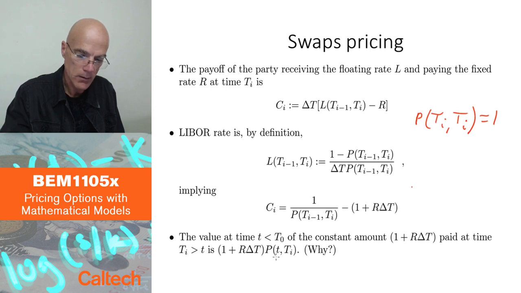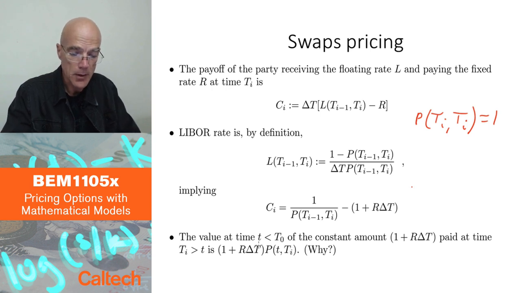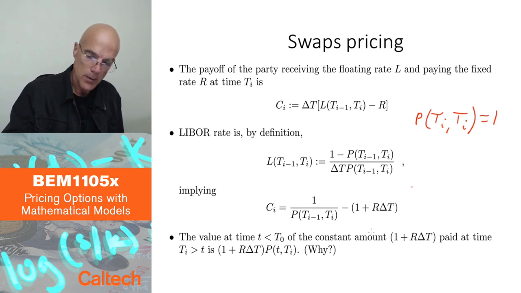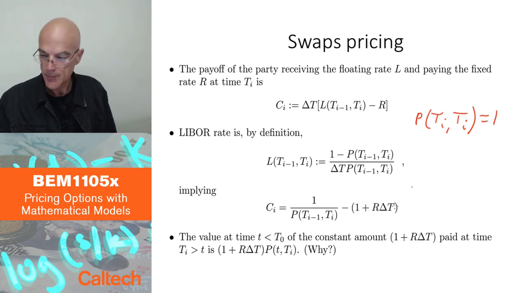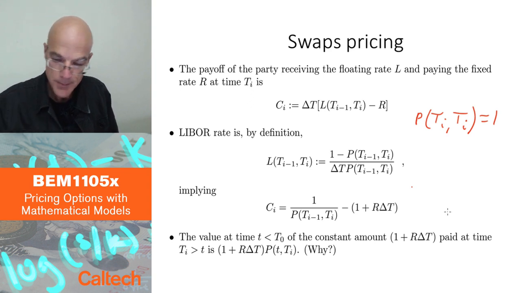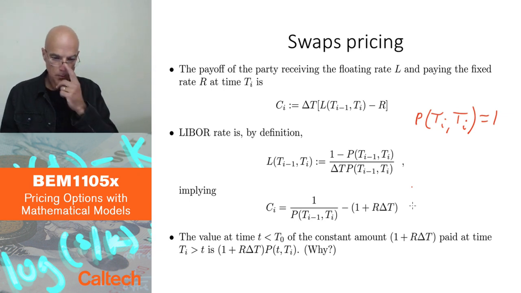So if the price of $1 is P of t, ti, by the definition of the zero coupon bond paying $1, then the price of 1 plus R delta t dollars is just 1 plus R delta t times the price of $1. So that's easy. It's easy to price 1 plus R delta t. That's the constant part of this formula for the payment of one leg of a swap, or one swap payment.